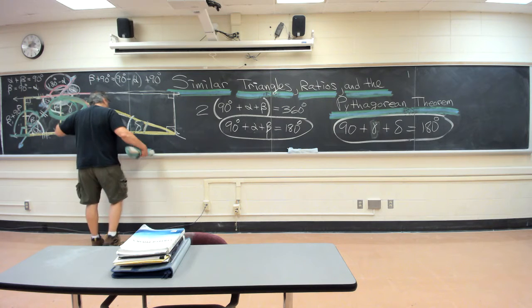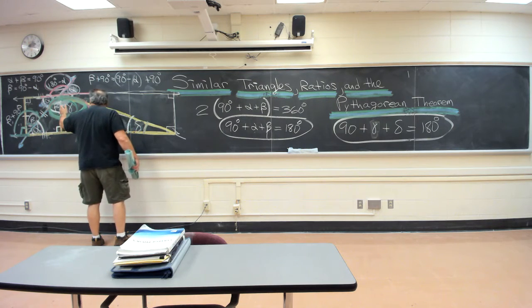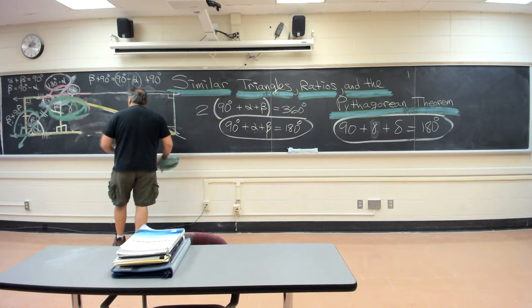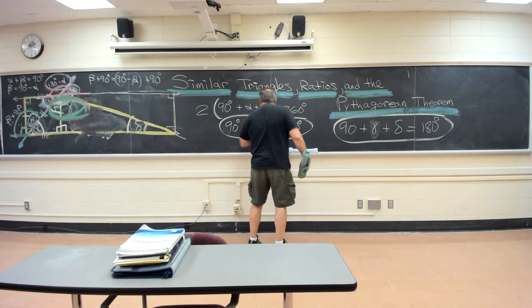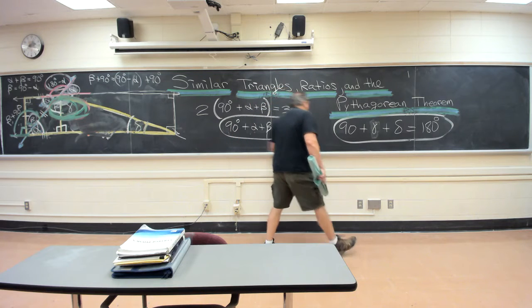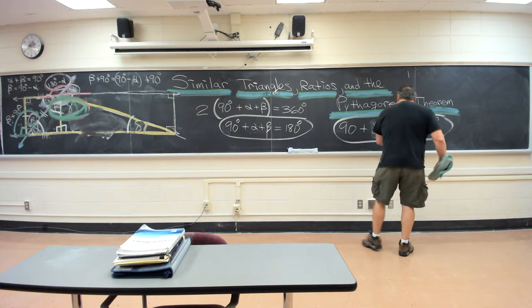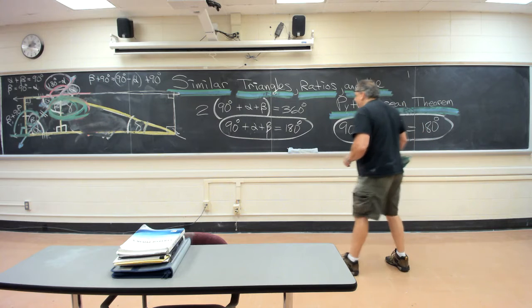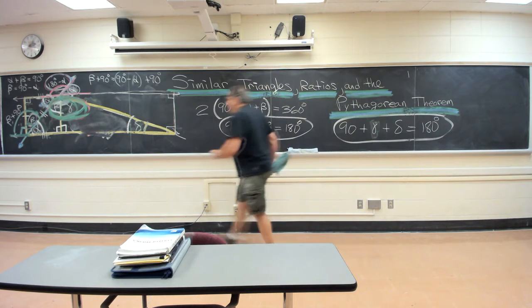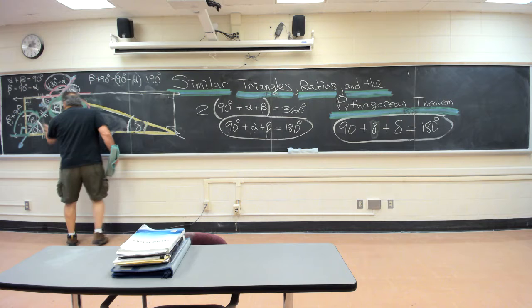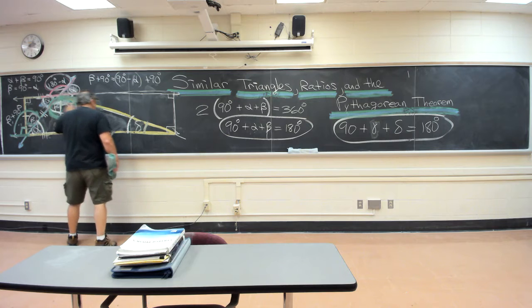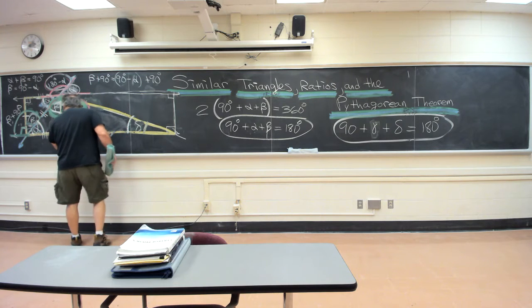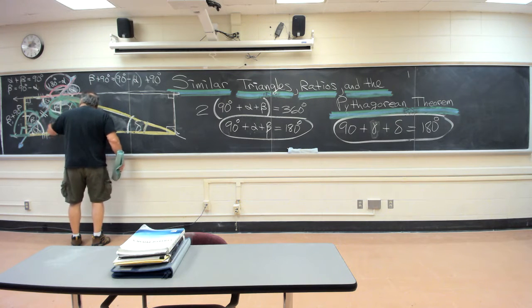In this triangle, same argument, the 90 plus the gamma plus the delta add up to 180 degrees. So when I add those together, these three add up to 180, and these three add up to 180. So this 90 and this 90 is a 90-degree angle.